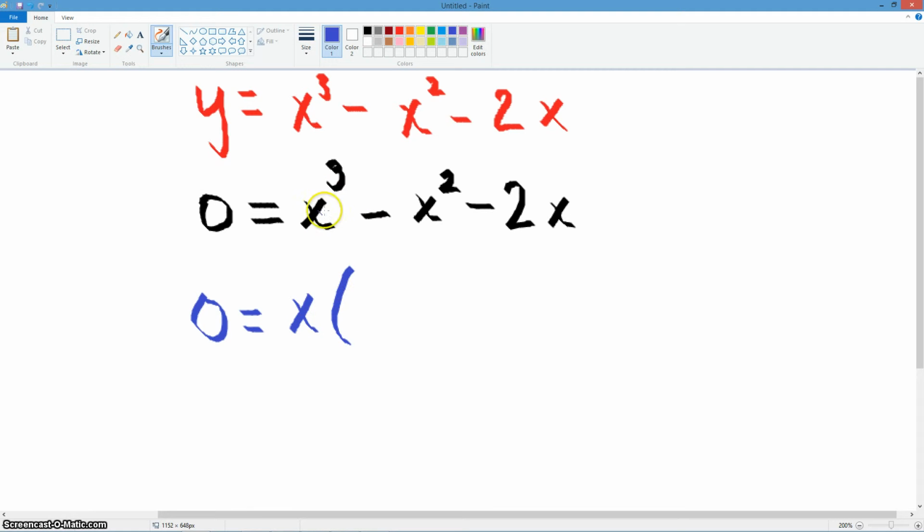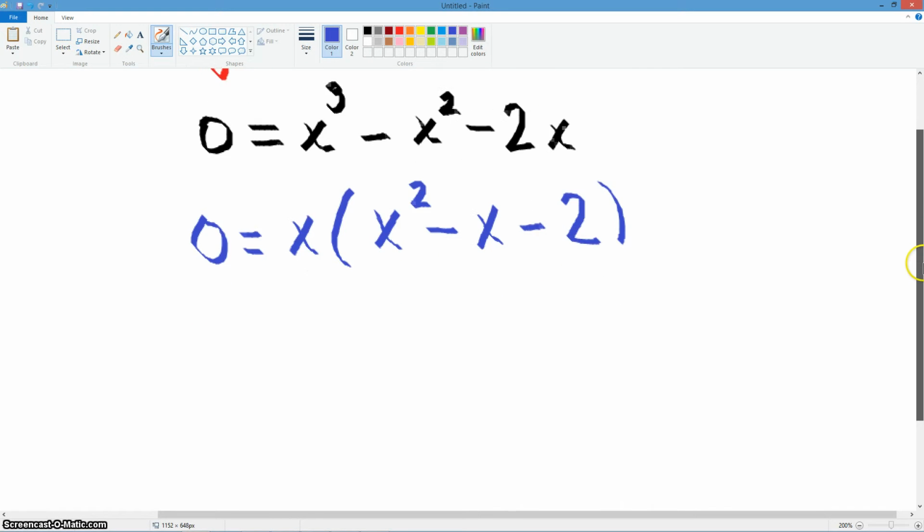If I do that, I'm left with x squared minus x minus 2. So I'm left with this part right here, which I'm not concerned about at the moment, and then this part right here, which is a quadratic. I have briefly taught you how to factor quadratics.